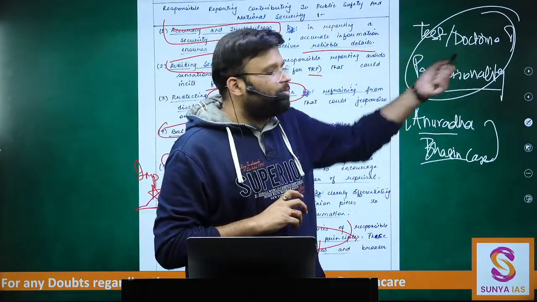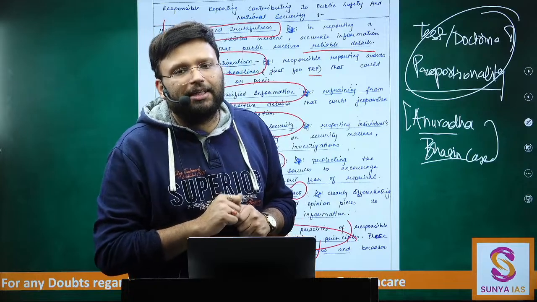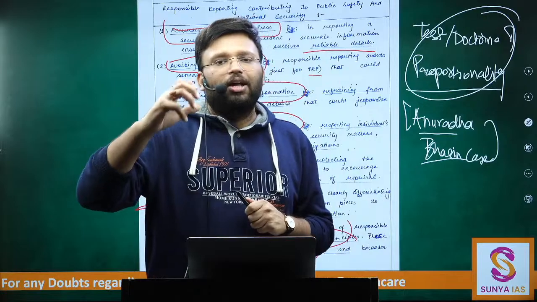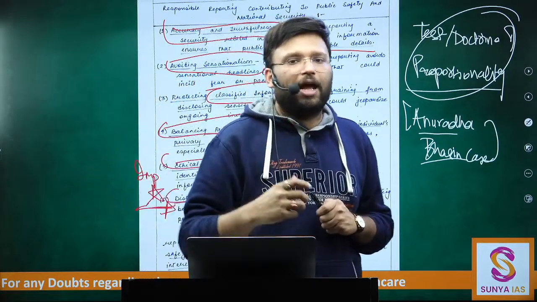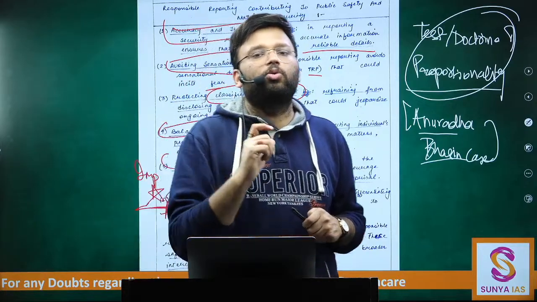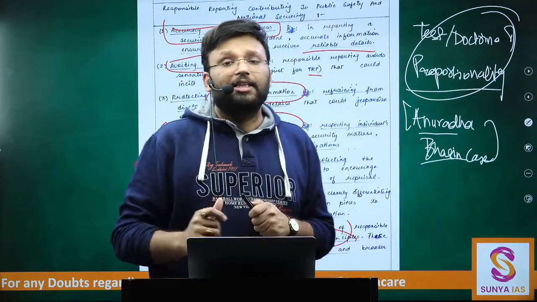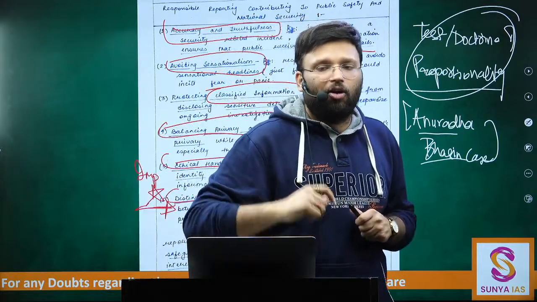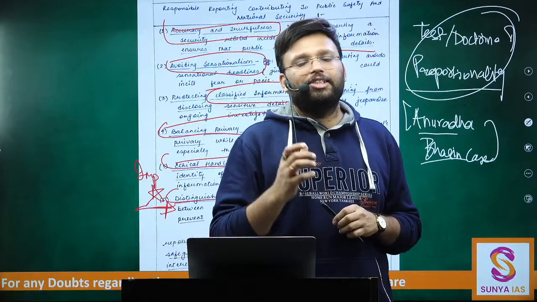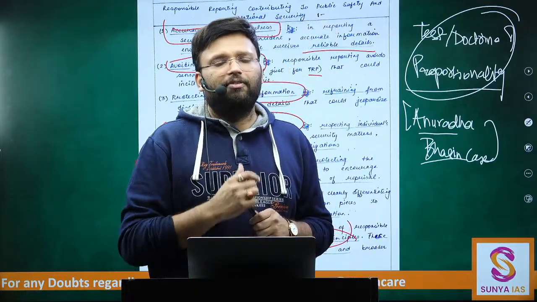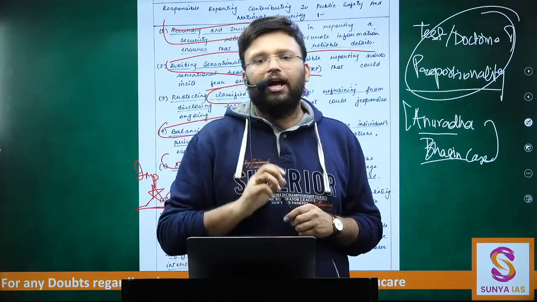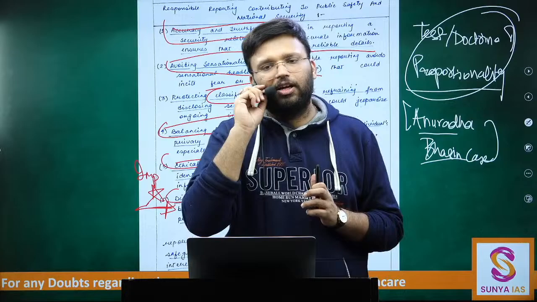So Supreme Court said that government should apply the test or doctrine of proportionality, where the kind of restrictions that you apply on media, they should be proportional to the ends which you want to achieve, which means that internet can only be banned or the rights of media can only be restricted when there is some substantive reason that made the government of India restrict the rights of the media.